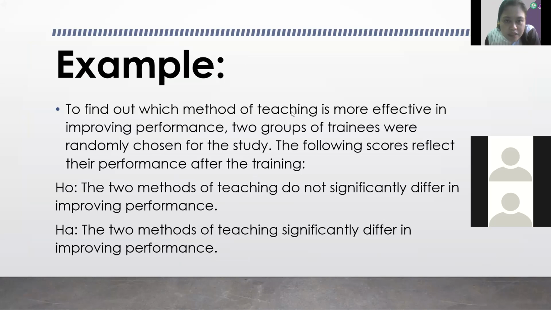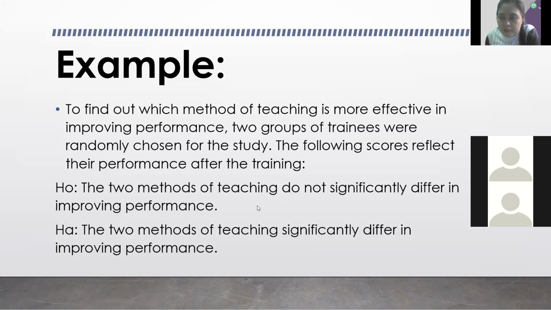To find out which method of teaching is more effective in improving performance, 2 groups of trainees were randomly chosen for the study. The following scores reflect their performance after the training. The null and alternative hypotheses are already given here. The null hypothesis: the 2 methods of teaching do not significantly differ in improving the performance.